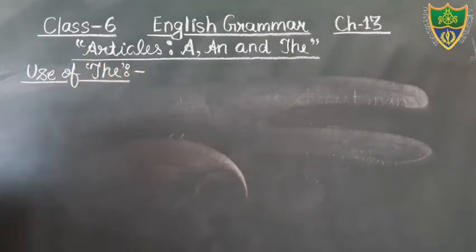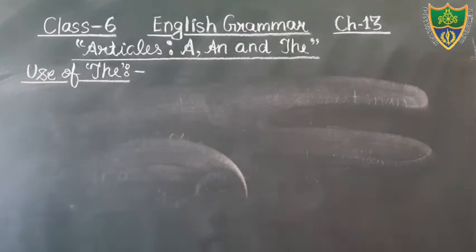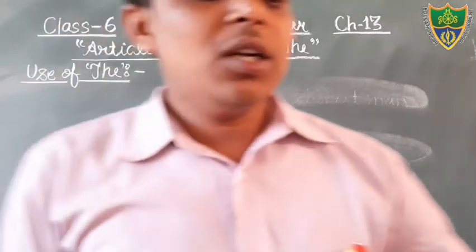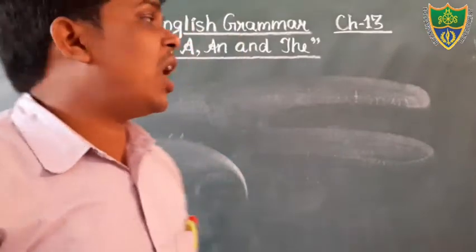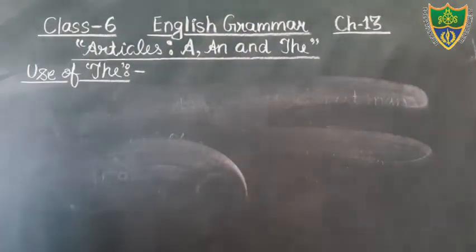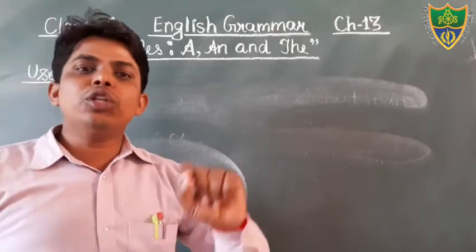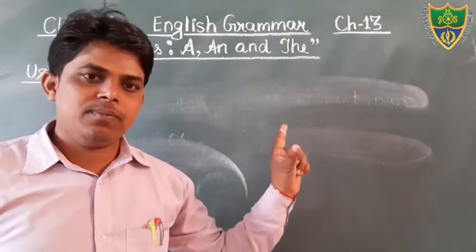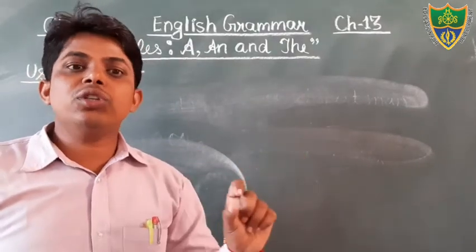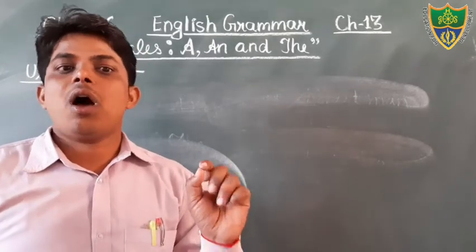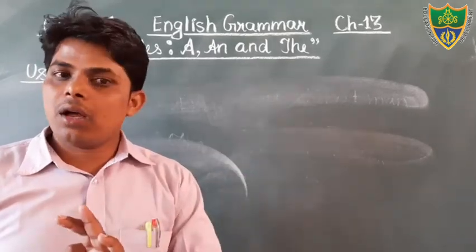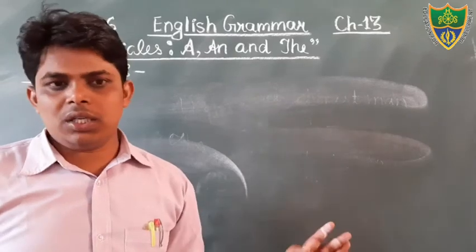Just see, where do we use the article the? Dear students, it is a definite article in English. We use the article the to denote a whole class of persons, animals or any other things.